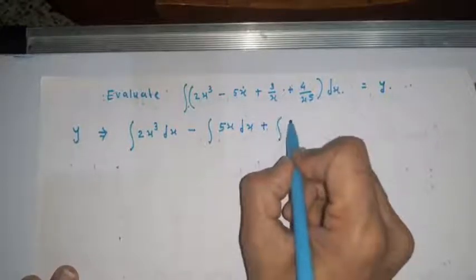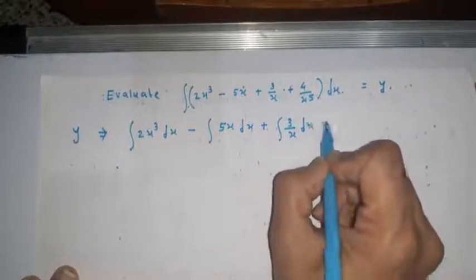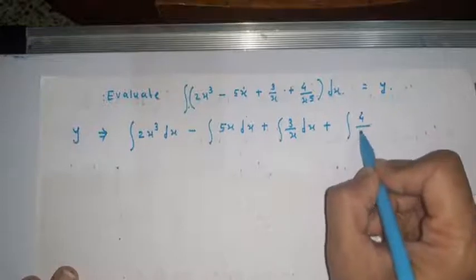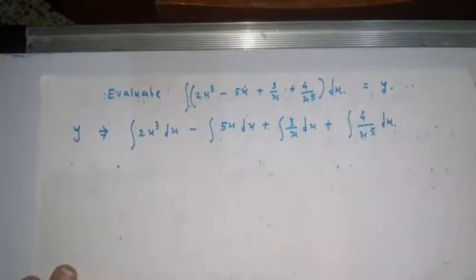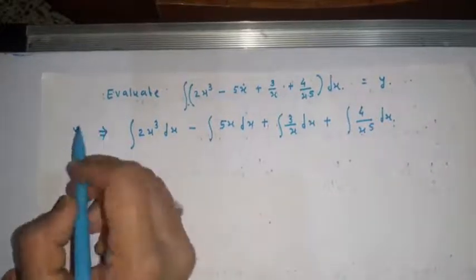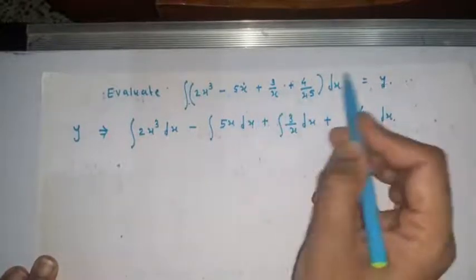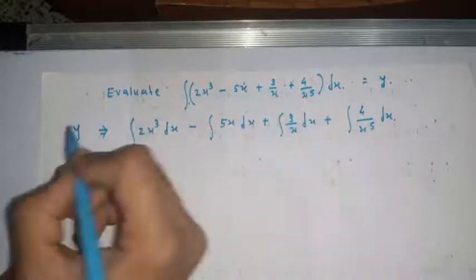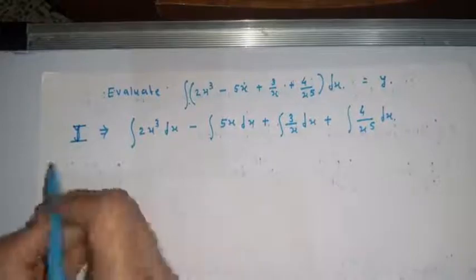plus integration of 3 upon x with respect to x, plus integration of 4 upon x raised to 5 with respect to x. Okay students, now suppose this is the given function and we have to integrate it; let I be the integration of the given function.